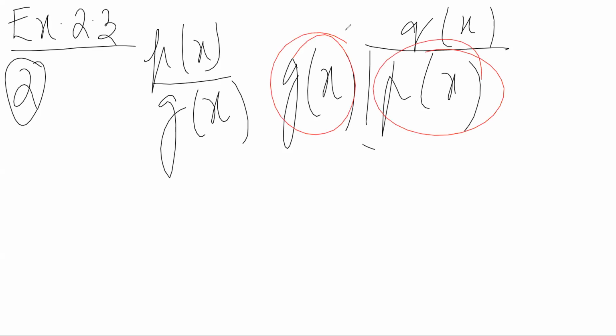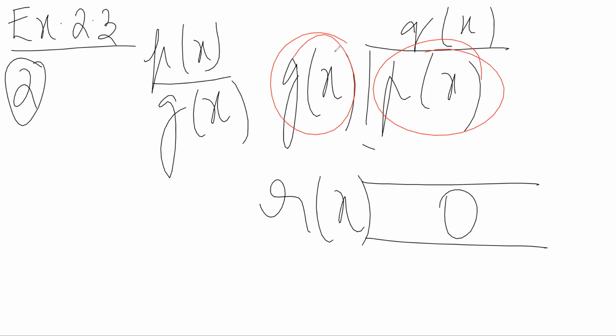To find out, you divide p of x by g of x, and at the end of the division, if you get the remainder r of x as 0, then it's a factor.